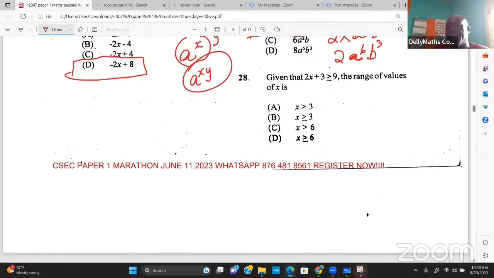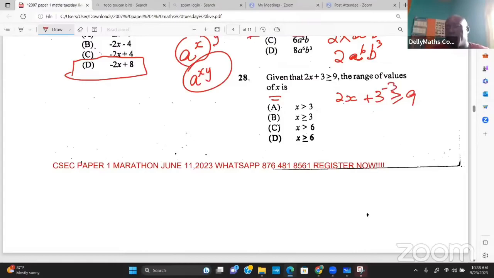So 28 says, given that 2x plus 3 is greater than or equal to 9, the range of values of x. We're going to solve this ordinarily. Remember, whenever you're solving inequalities, it is done just as how you would have done an equation, except if you multiply or divide by a negative number, then the sign flips. So if that is not happening, you just work ordinarily.